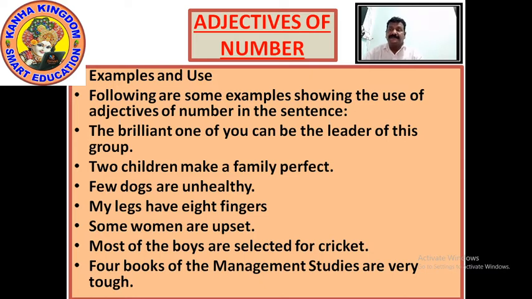Four books of management studies are very tough. Four books of what? Of management studies. How many books? Four books. Four is what? Adjective of number. So please write it down so that we can go to the next page.